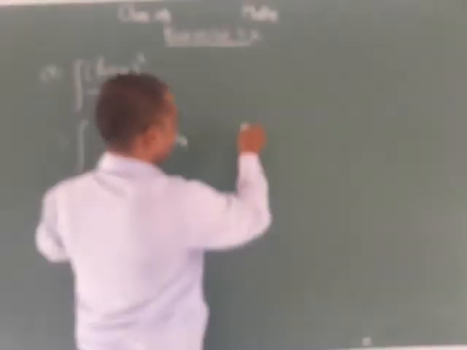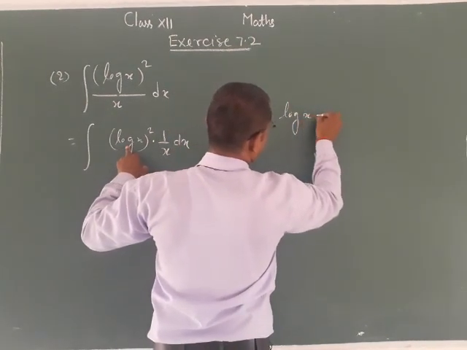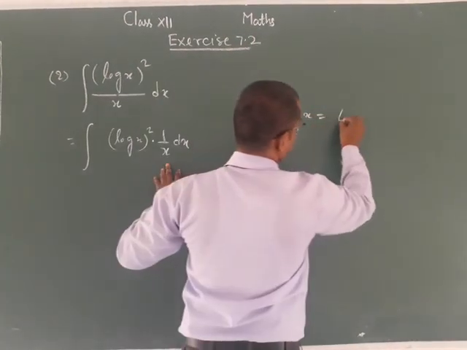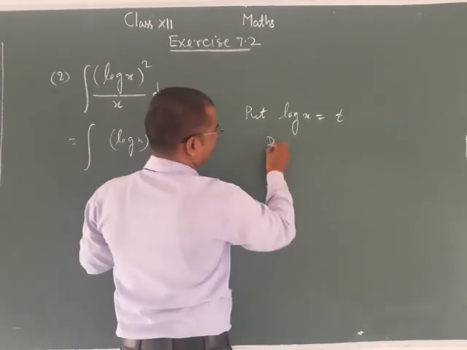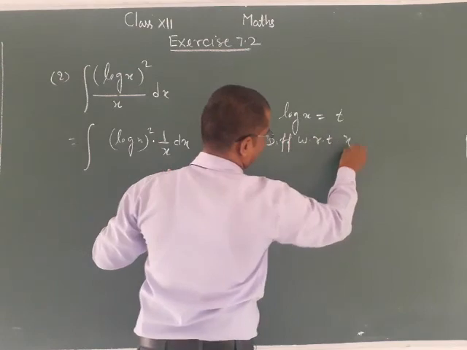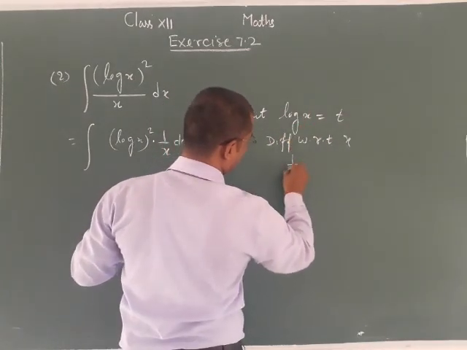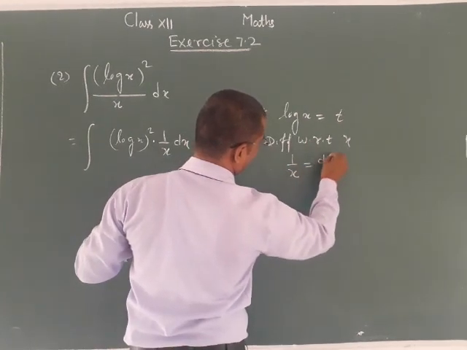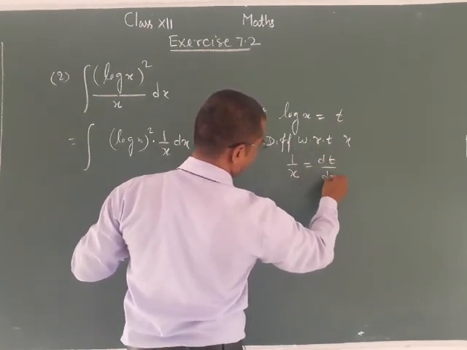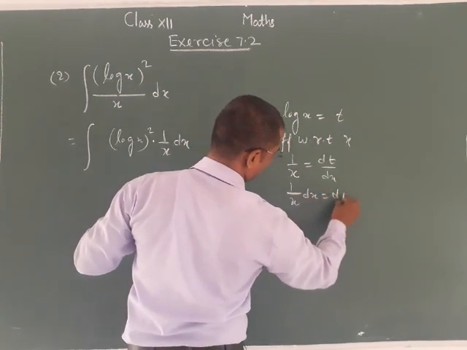So put log x is equal to t. Differentiating with respect to x, the derivative of log x, 1 upon x, is equal to dt upon dx, or 1 upon x dx is equal to dt.